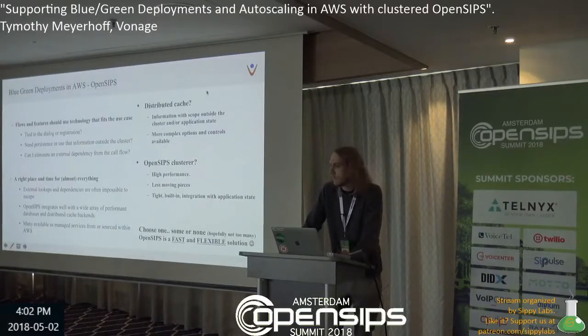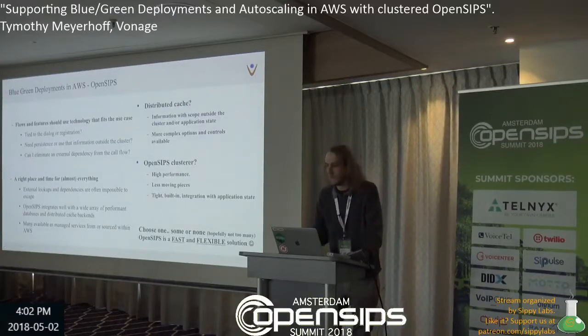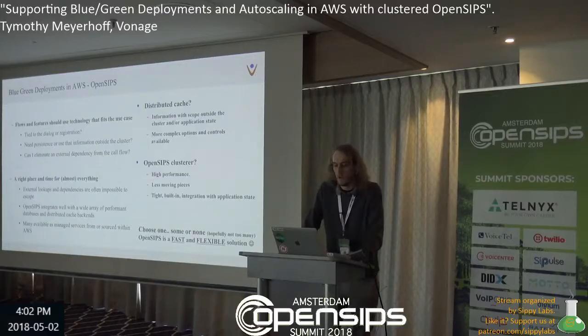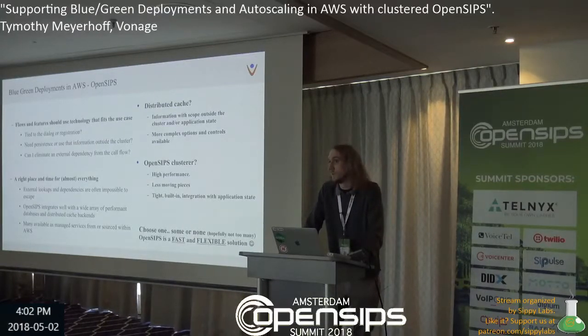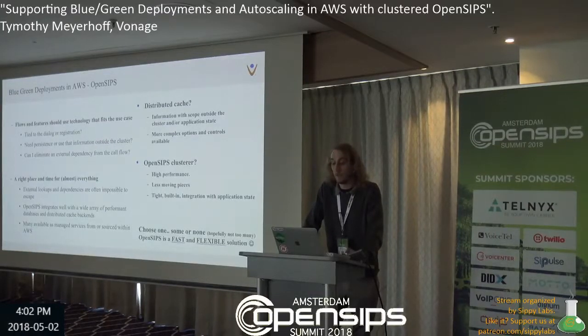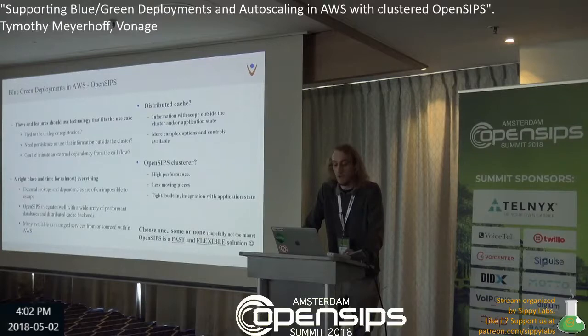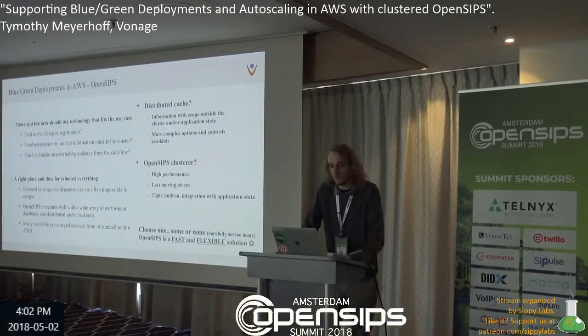In order to support a blue-green deployment, you bring up a brand new server, and it needs all the state from the old one in order to support these flows. So we need to decide how we're going to distribute that state, and there are two big options.